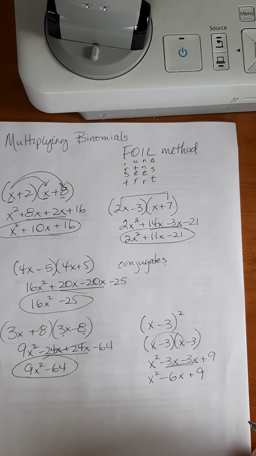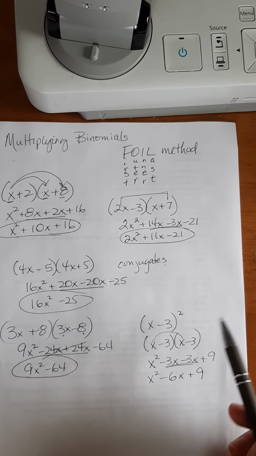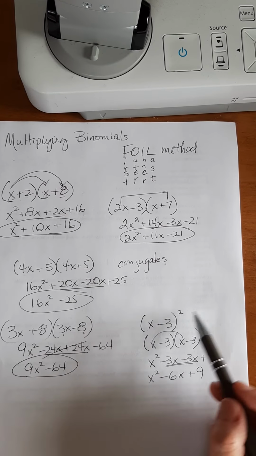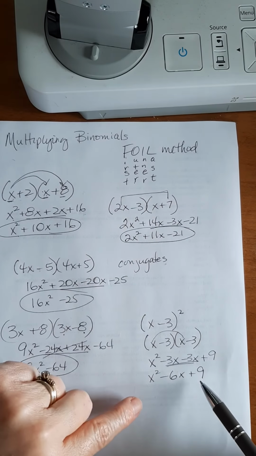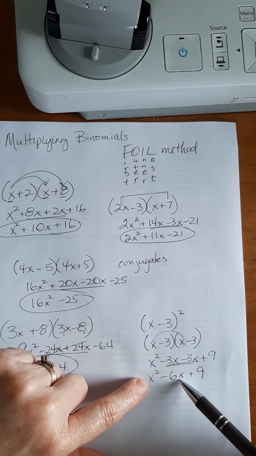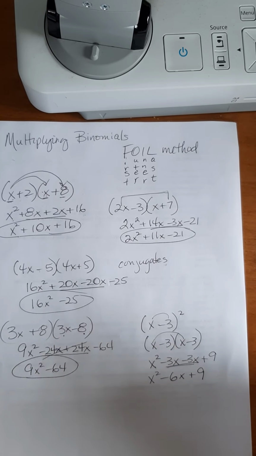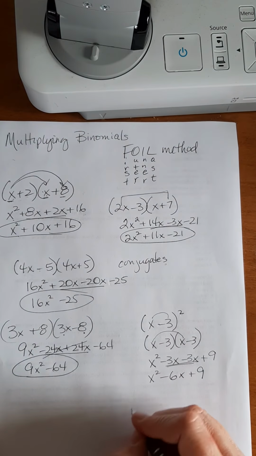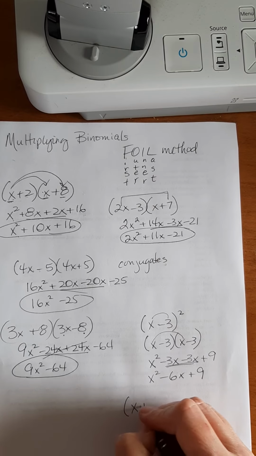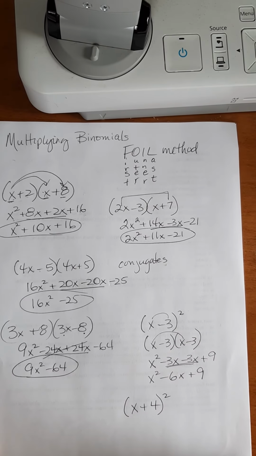Now, there is a shortcut to this. Most people don't use this one as often, but the shortcut is you do square the first and the last, and to get the middle number, you double the product of those two numbers. For example, let's say I said x plus 4 squared.